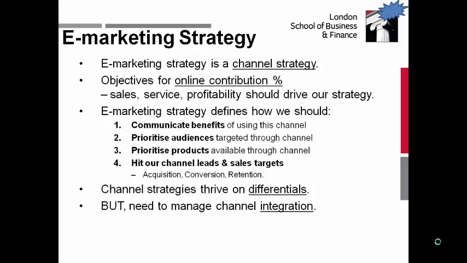It means that this e-marketing strategy allows us to integrate the different digital communication platforms. We can integrate them effectively in order to achieve the overall objective of that particular strategy. The harmonization of all the different channels is the key for the success of that particular strategy.